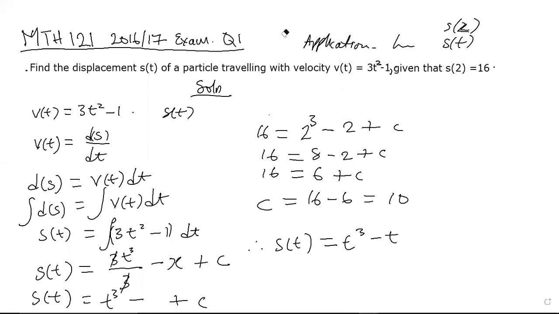Sorry about that, we are used to calculations with x. So s of t equals t cubed minus t plus 10. This is the answer to the equation that was asked. That's how to solve it. Thank you.